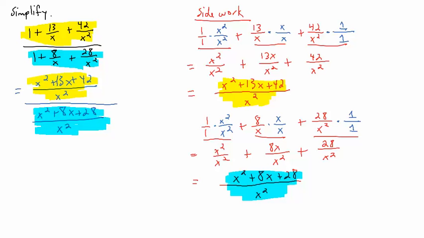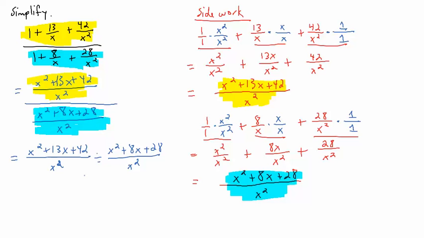And now I have a fraction divided by a fraction, so I'll write it as a division problem. X squared plus 13x plus 42 over x squared, the top fraction, divided by the bottom fraction, x squared plus 8x plus 28 over x squared.